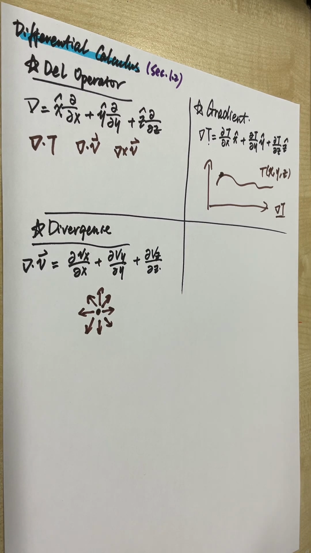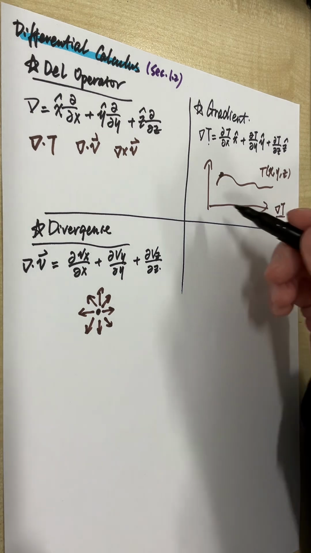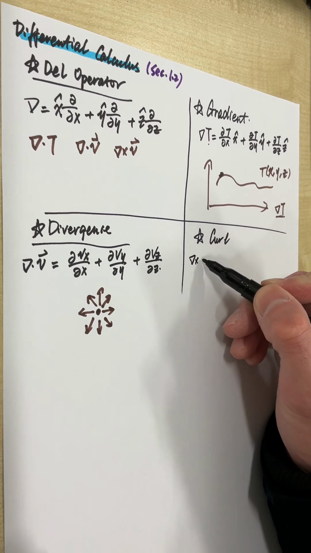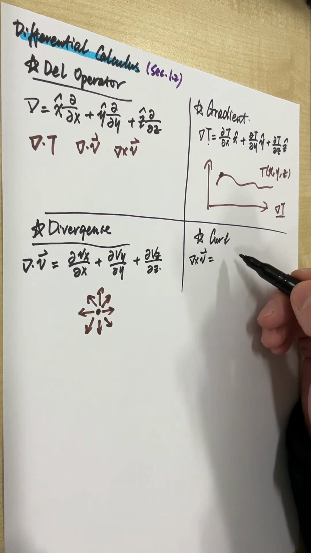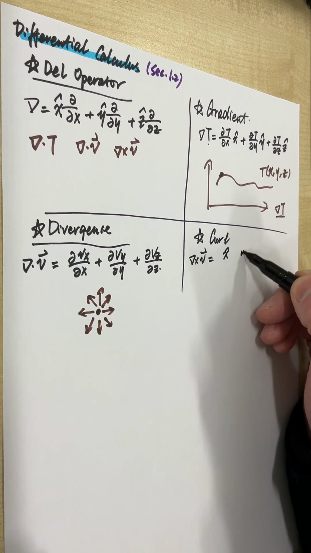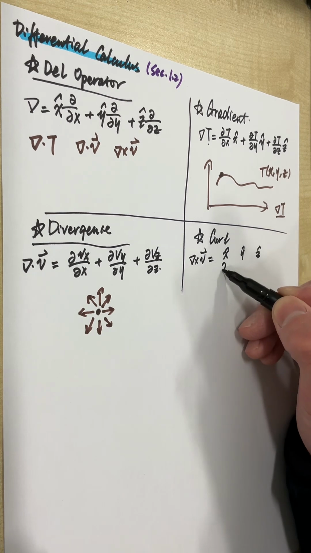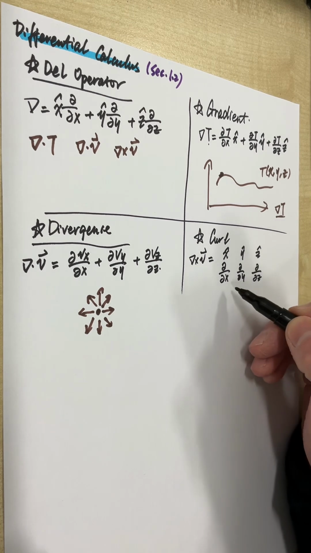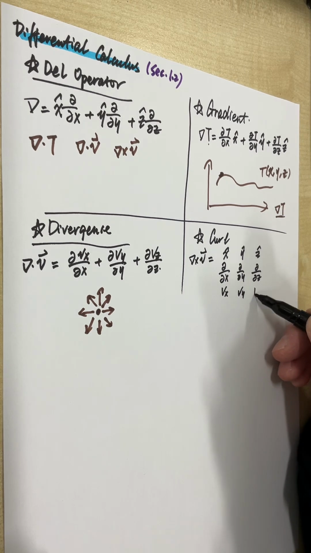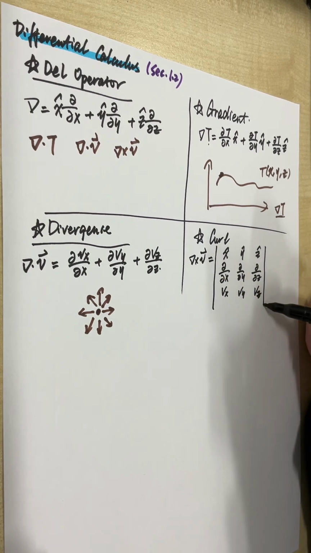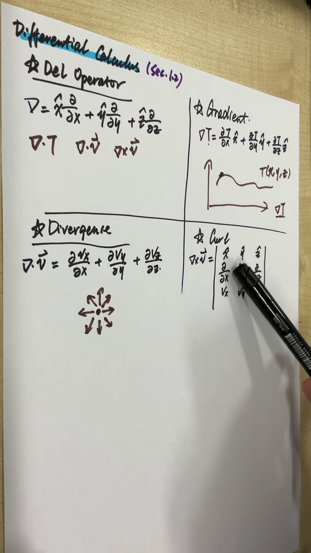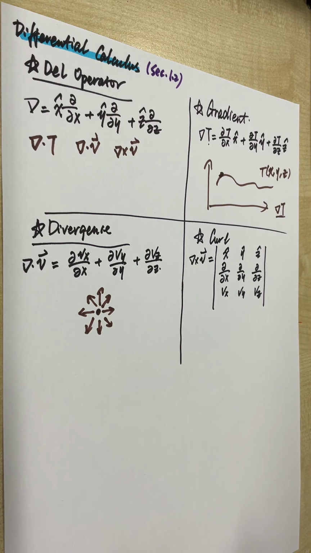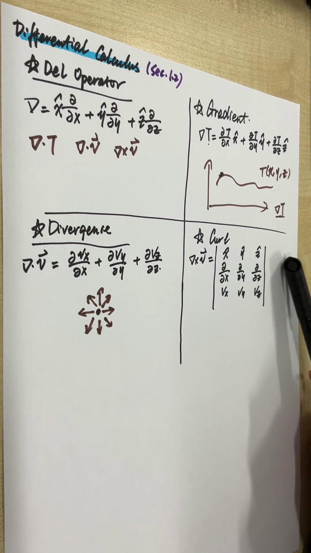So that's divergence. And then finally we have curl, which is a cross product. And we have the determinant calculation: x, y, z, d/dx, d/dy, d/dz, and then Vx, Vy, Vz. The basis vectors here help us ensure that the output is going to be a vector.